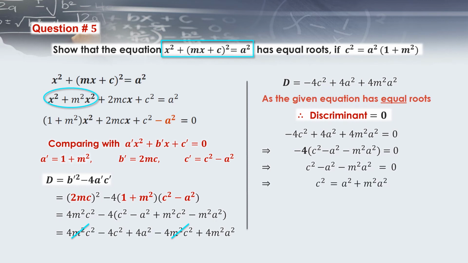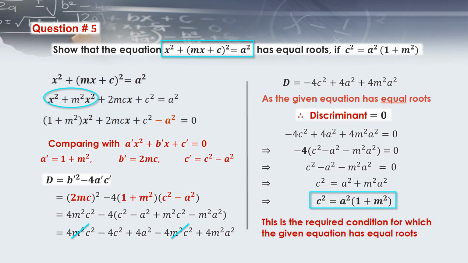Then separating the term c squared on the left hand side of the equation, we get c squared is equal to a squared plus m squared a squared. Now taking a squared as a common factor from the right hand side, we get c squared is equal to a squared times (1 plus m squared). Hence it is verified that this is the required condition for which the given equation has equal roots.